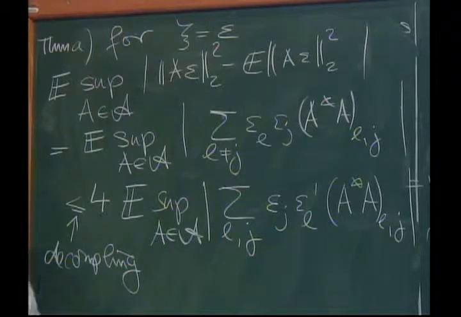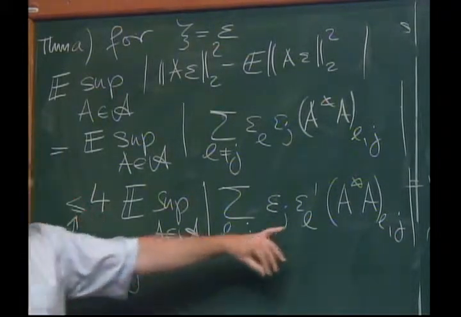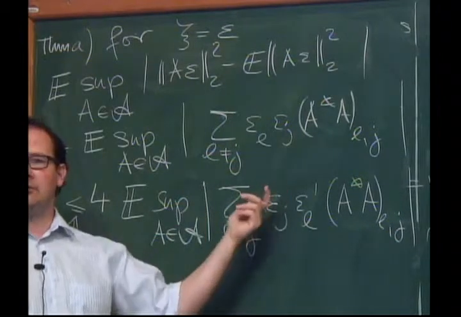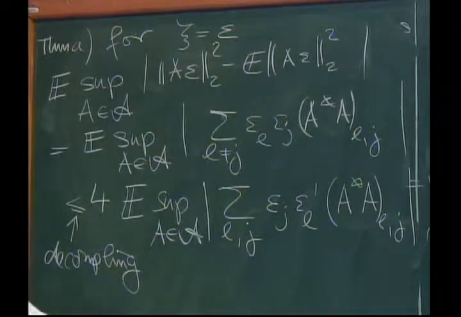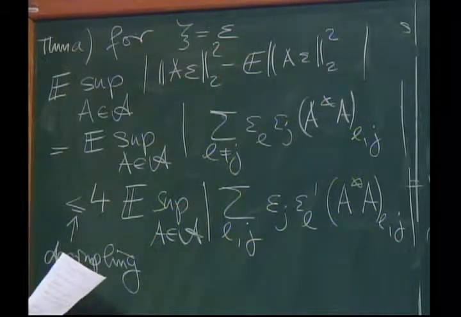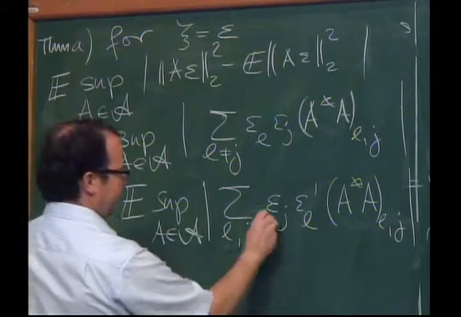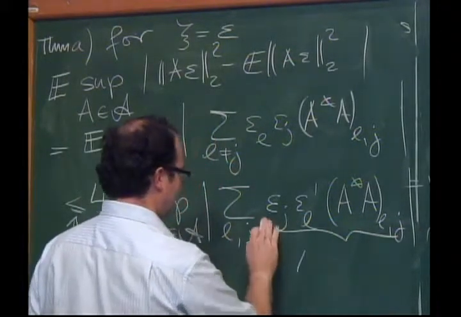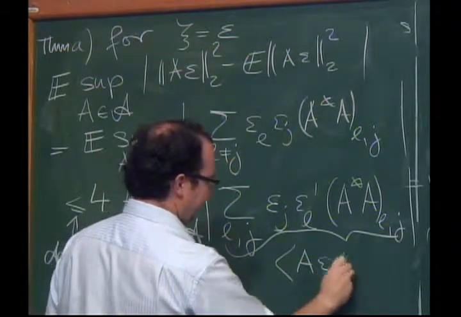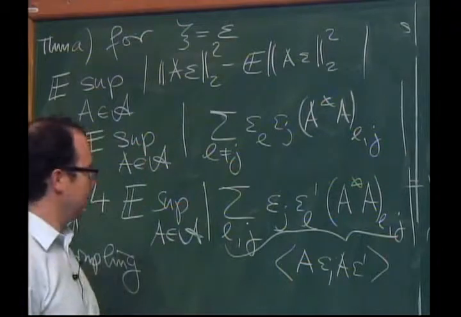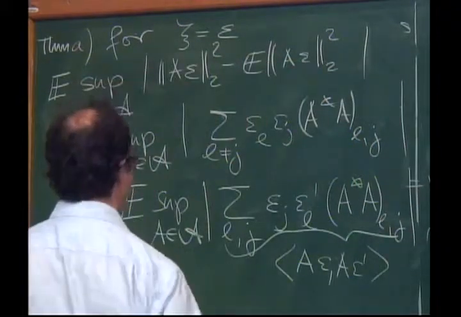Okay, so that's a quite useful technique, because now you can condition on one variable and do expectations in the other, and this is actually what we are doing also here. Okay, so now the whole thing is the inner product of A epsilon with A epsilon prime. And for such a quantity, we have an estimate by that lemma.